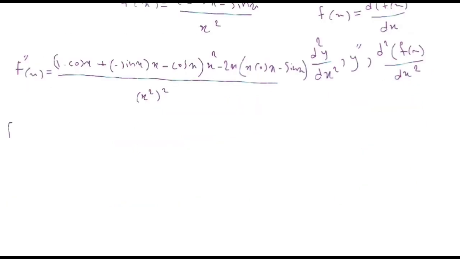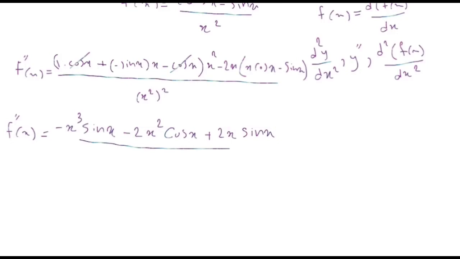So the second derivative of f(x) equals, this cosine x goes with this negative cosine x, so the result is negative x cubed sine x minus 2x squared cosine x plus 2x sine x over x to the fourth power.